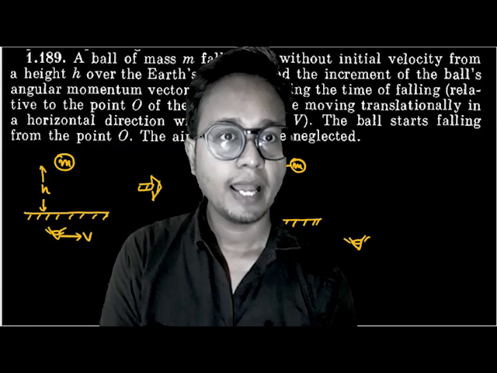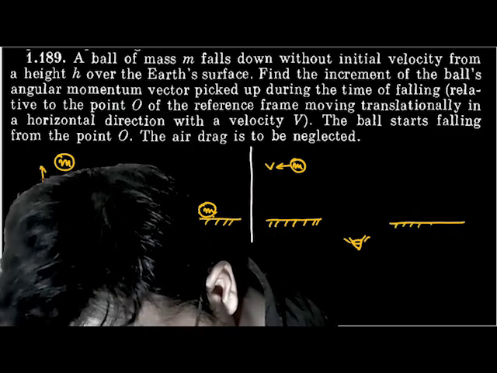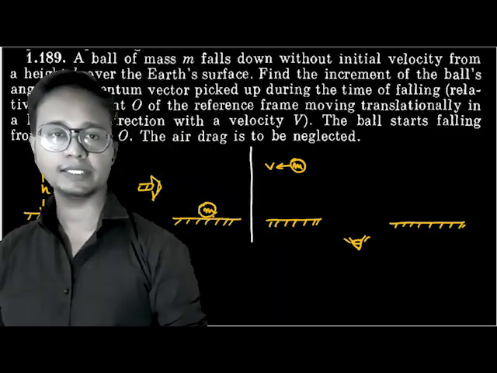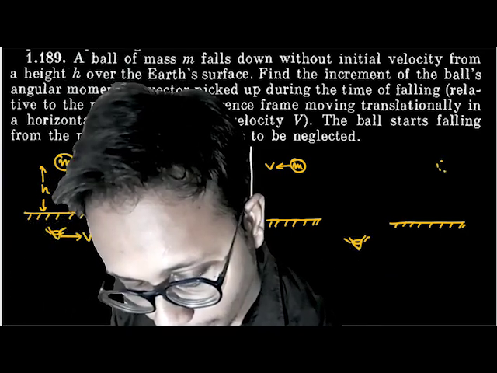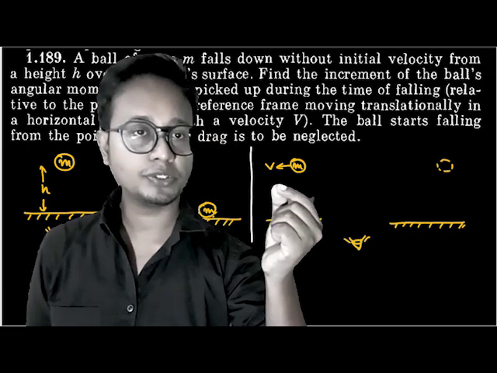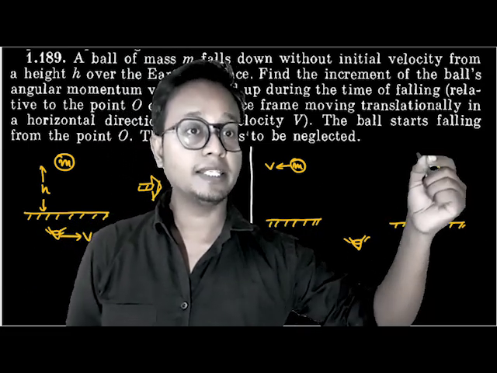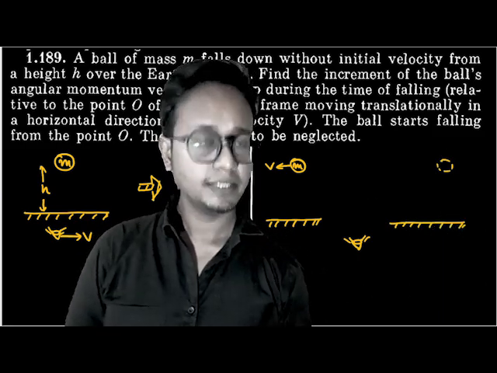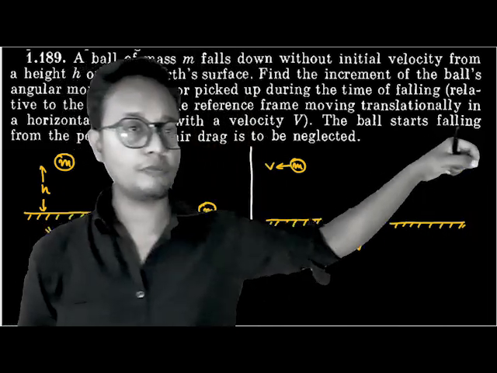And what will be the path of the ball? With respect to this observer, the ball was initially out here. There was an initial velocity in this direction, which is equal to v. There is acceleration due to gravity in this direction, which is g. And the initial velocity in the downward direction is 0, because the ball was dropped from out here.